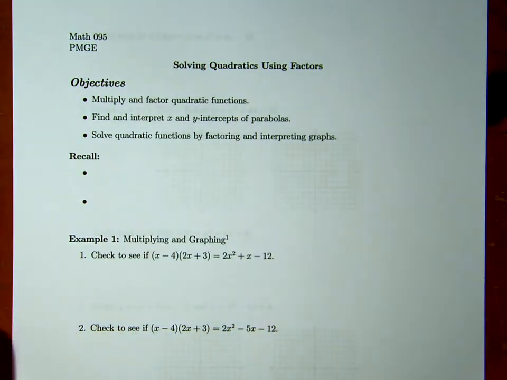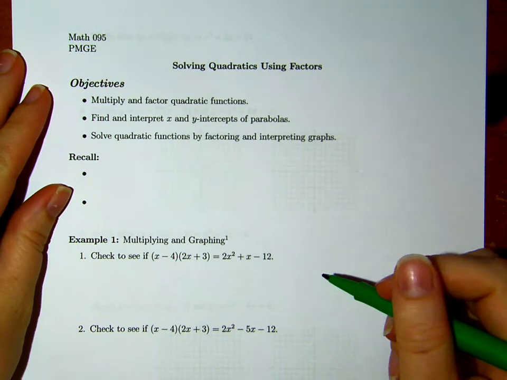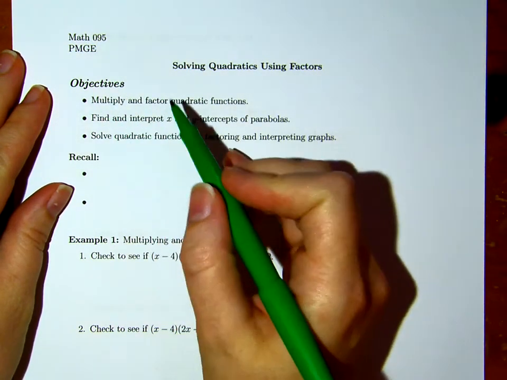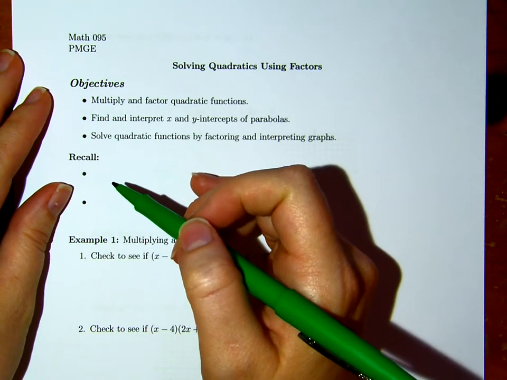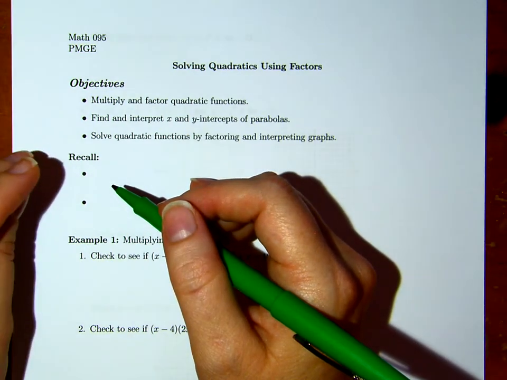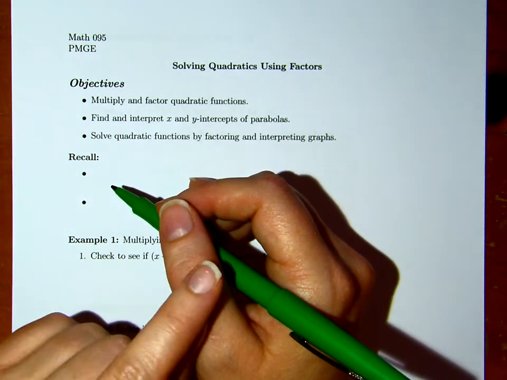So, I'd like you to recall that when we were multiplying these factors, we needed to remember to multiply all terms from the first set of parentheses times all terms in the second set of parentheses.